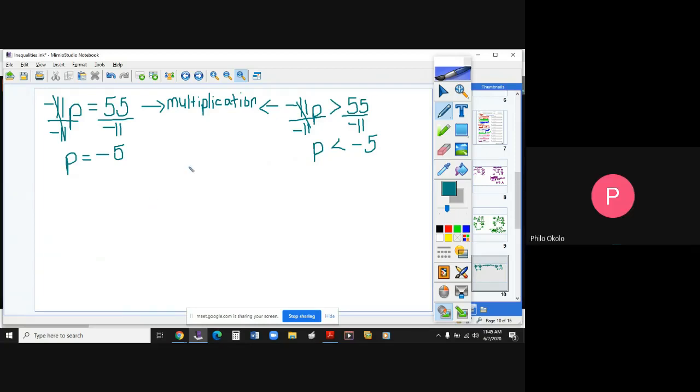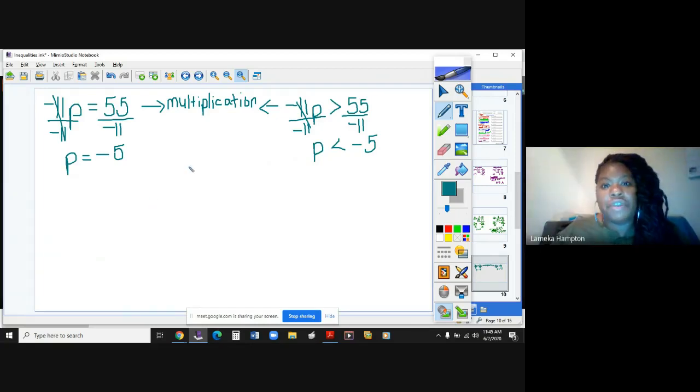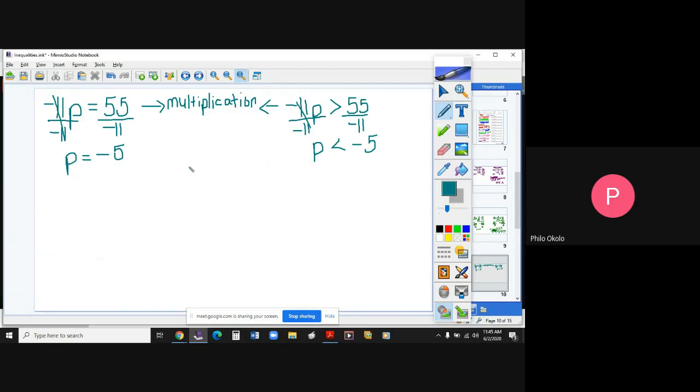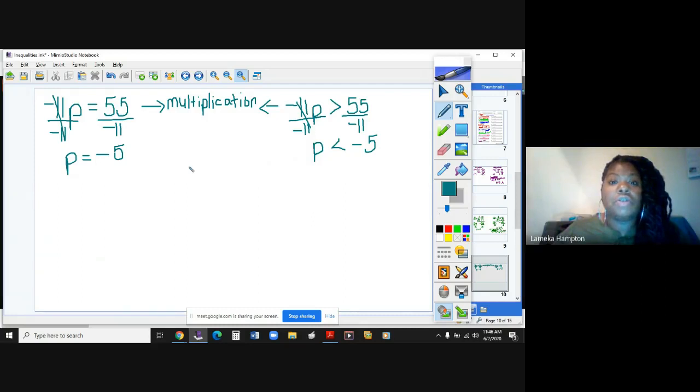Yes, Miss Philomena. I thought you said this kind of equation, you have to identify it and it is multiplication, but you are going on division now. Okay, so remember, because this is a multiplication problem, I have to do the inverse operation, which is division, to find my answer.